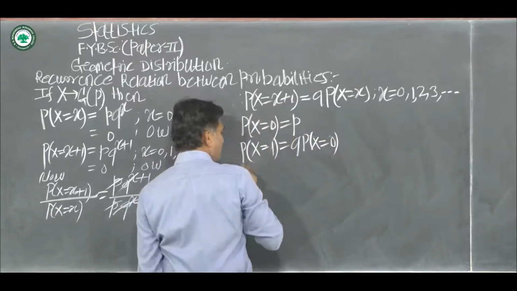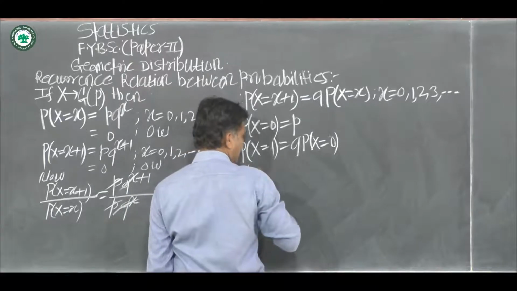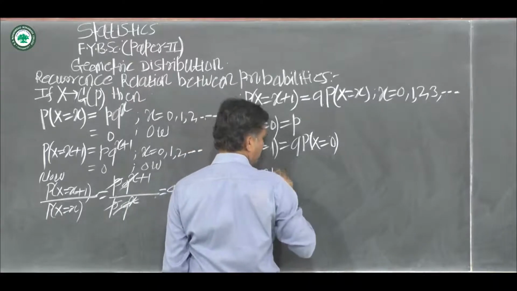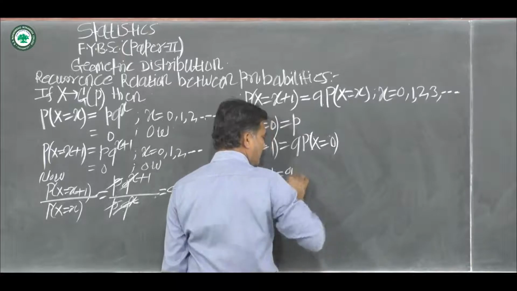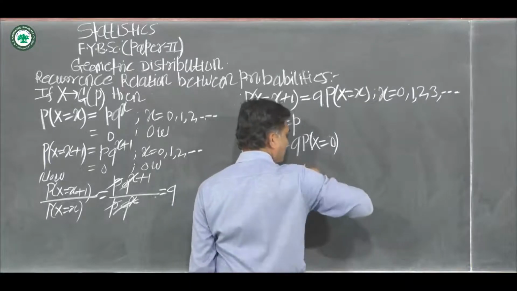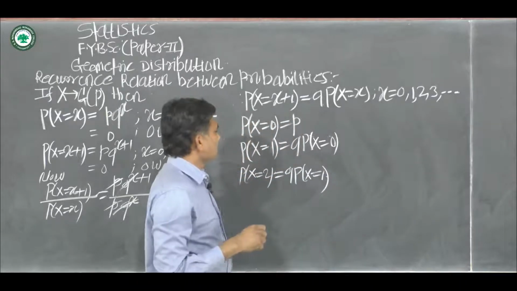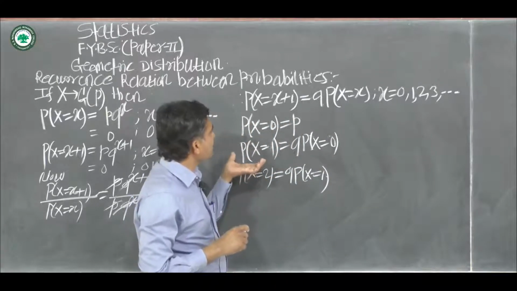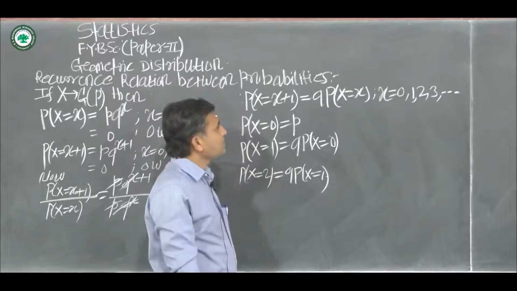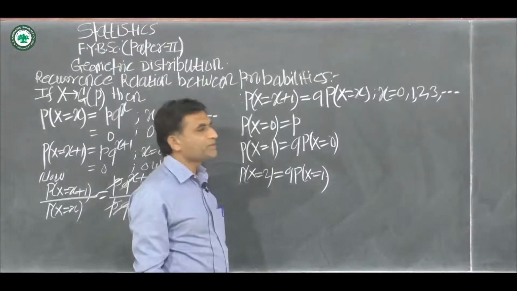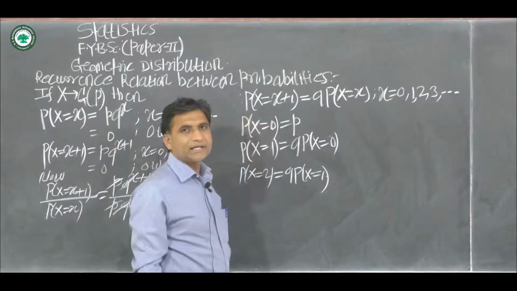Then probability of X equal to 2 is equal to q into probability of X equal to 1. In this way we can obtain the probabilities of geometric distribution using this recurrence relation.